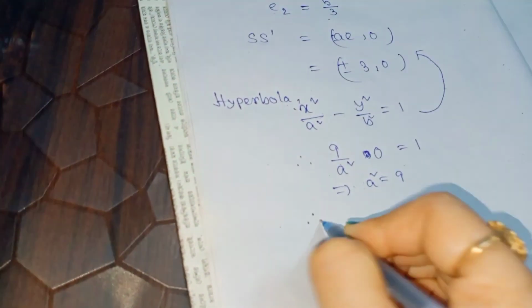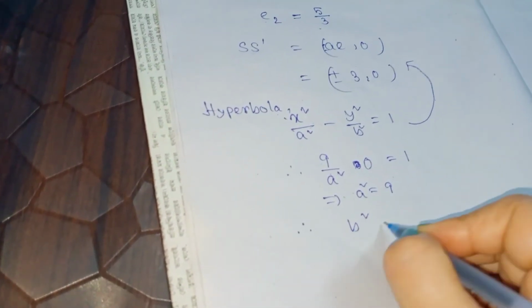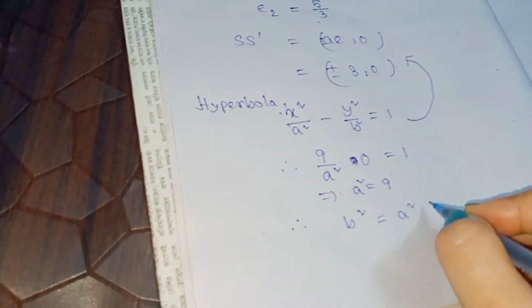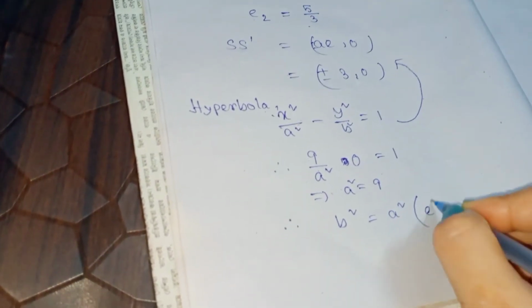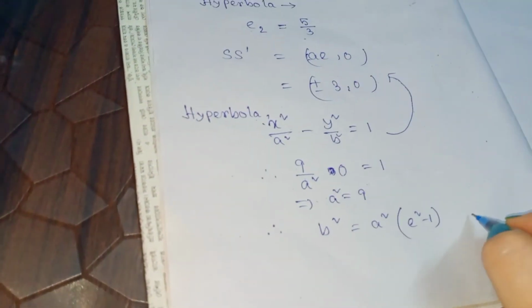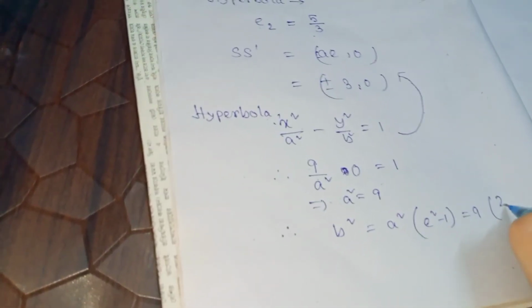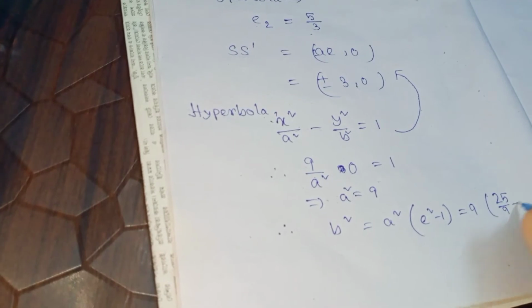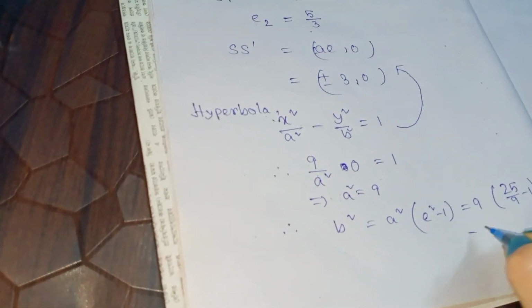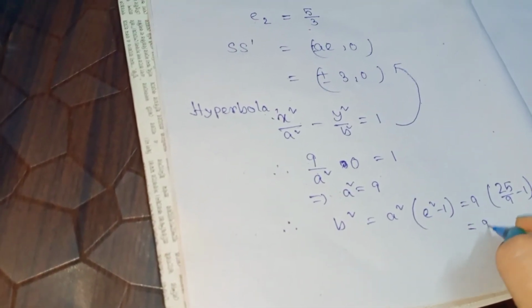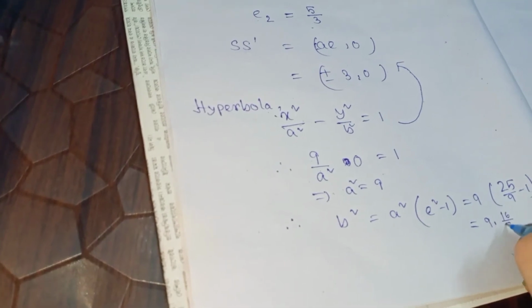And therefore b square is equal to, we know, a square into e square minus 1, that is equal to 9 into 25 by 9 minus 1, that is equal to 9 into 16 by 9, is equal to 16.